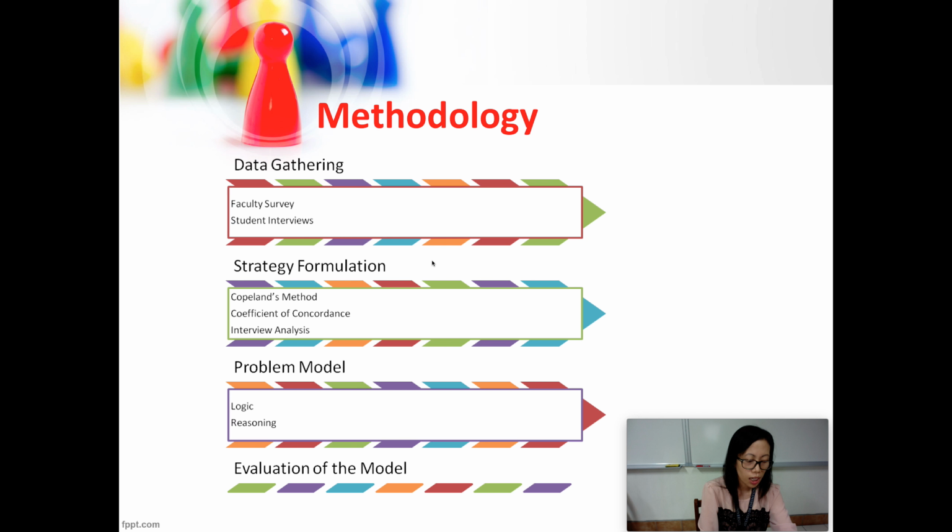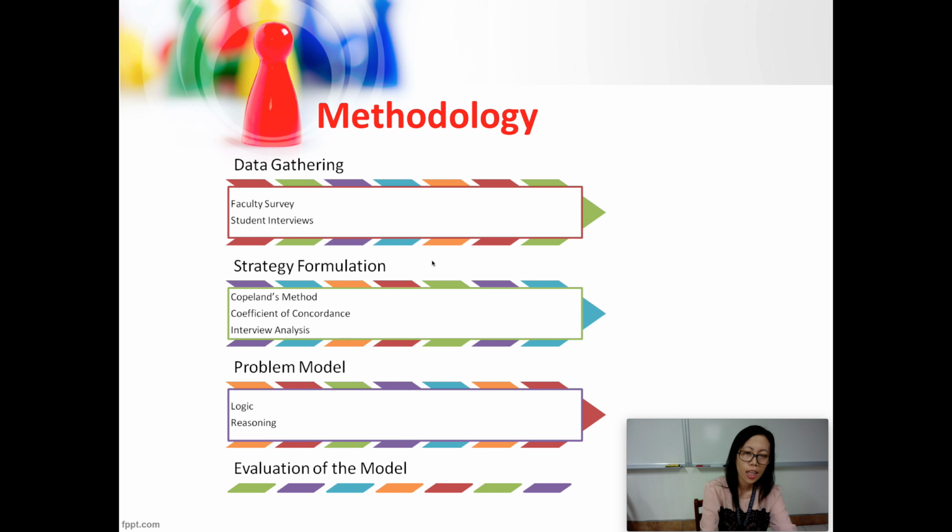We want to get the parameters and the conditions that the teachers used and which they perceive to result in a better grouping overall. We also interviewed 15 students from classes taught by the faculty respondents. So after all, they are the ones who are directly affected by the group formation strategy.